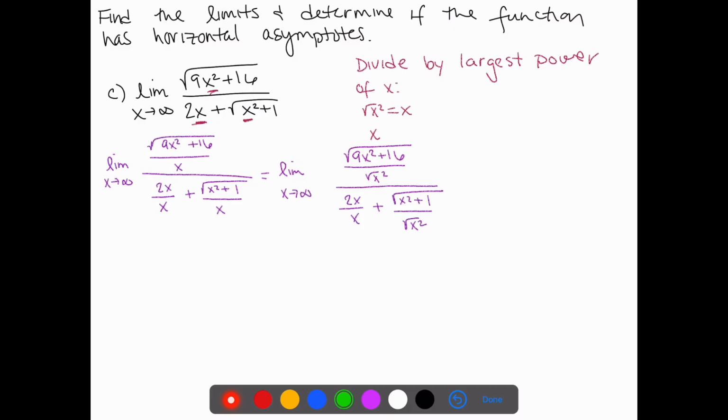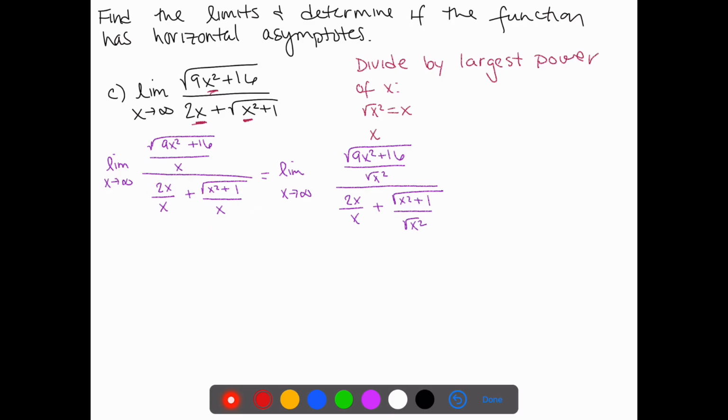So we're going to divide everything by x to the 1. I'm going to take the top, square root of 9x squared plus 16, and divide that by x to the 1. And then I did the same thing on the bottom: I'm going to take the 2x, divide that by x, and then the square root of x squared plus 1, and divide that by x.